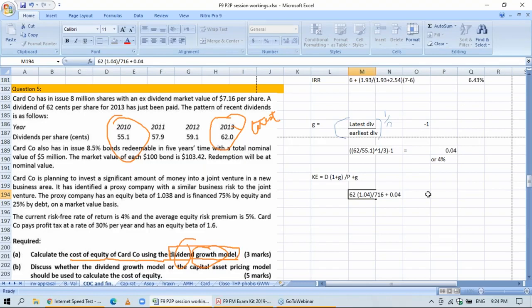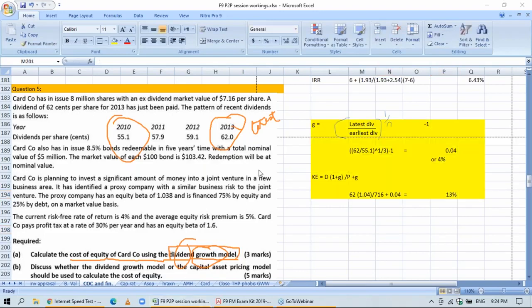So this gives you the cost of equity of card company using the dividend growth model, which is 13%. So that's our working, first for the growth rate and then for the cost of equity.